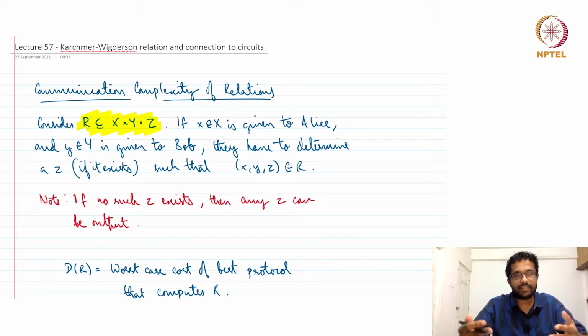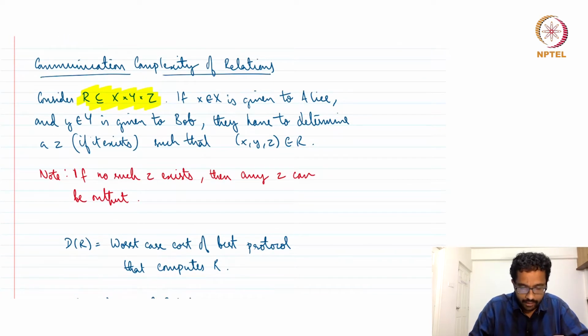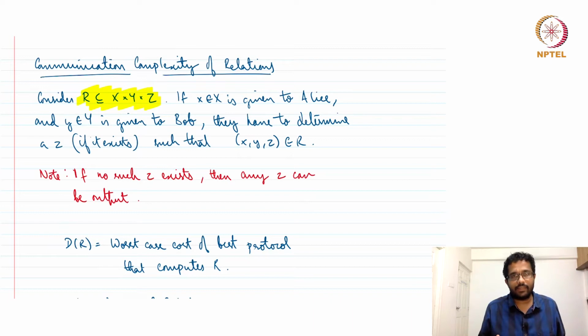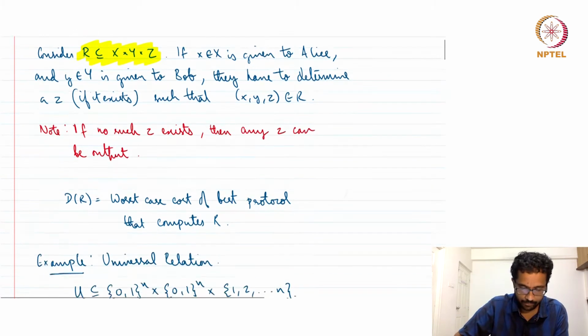There could be multiple z's that satisfy the condition, and there could also be no such z. In that case, we do not care what the output is. If it was a function, then z would be unique for a specific x and y, but since it's not a function, there could be multiple such z.